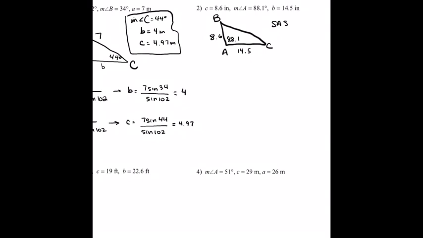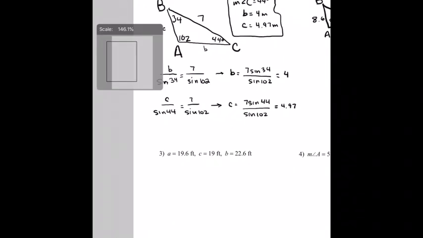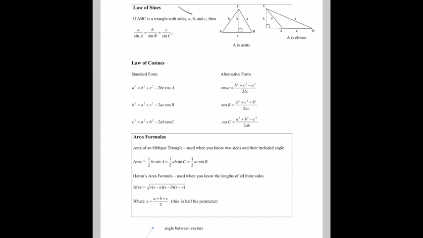And let's see. Law of cosines has 3 versions, and we only know one of the angles. We only know angle A. So we've got to decide which version to use.